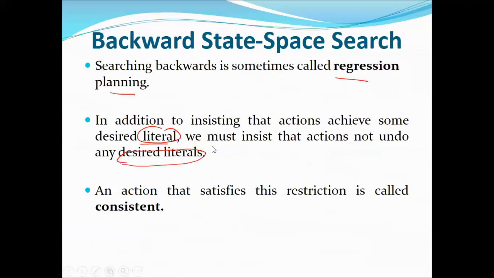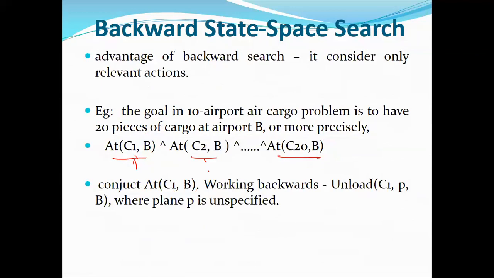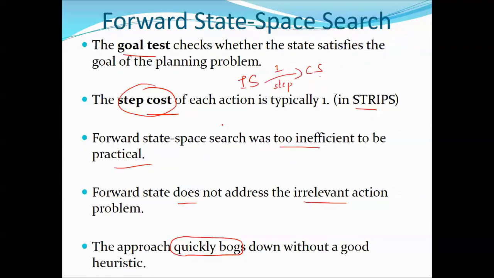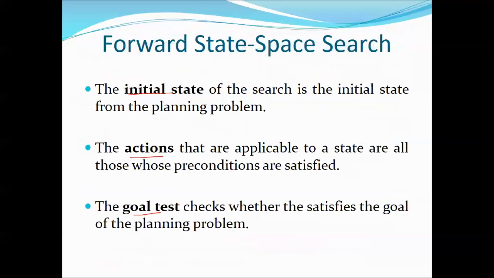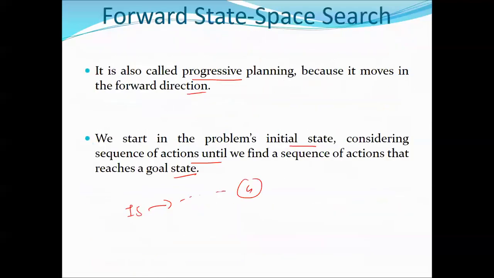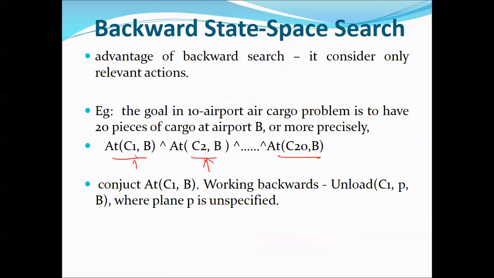So the backward search should ensure that these desired literals are achieved. But at the same time, it should also ensure that it is not undoing any desired literal. Let us assume this is already achieved.